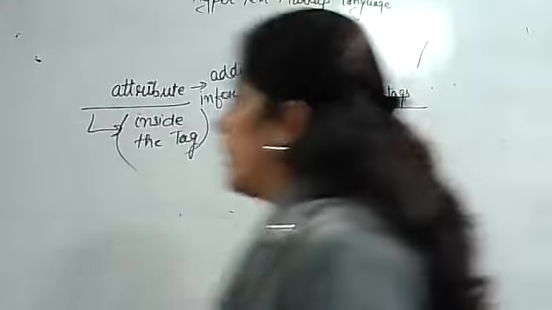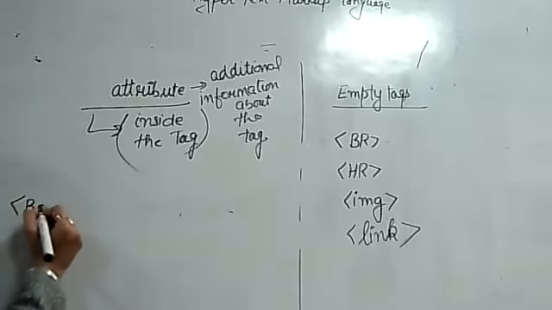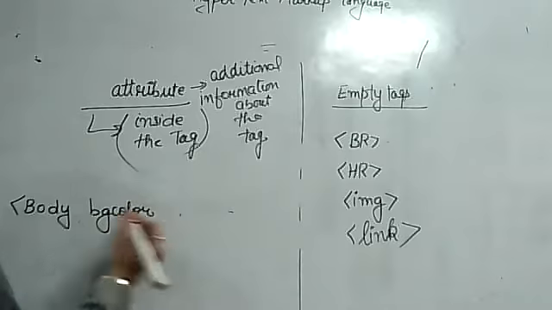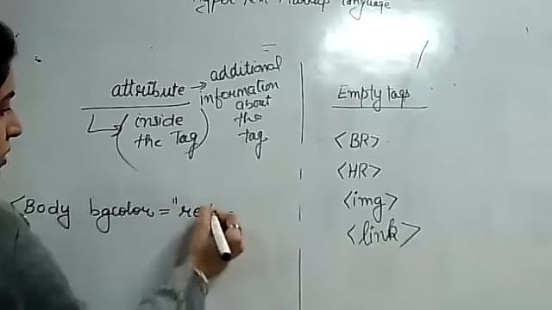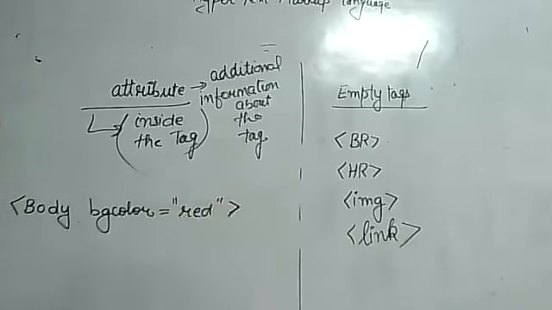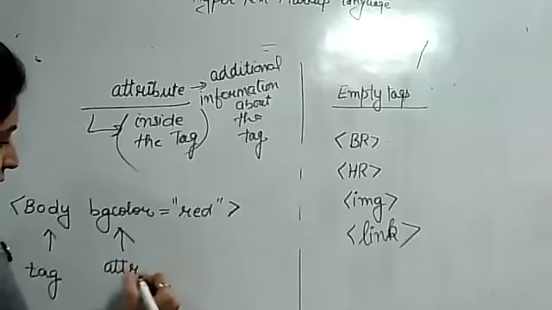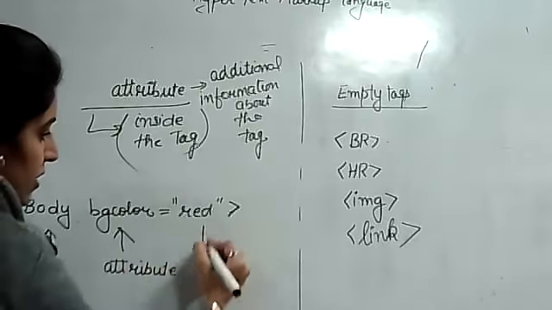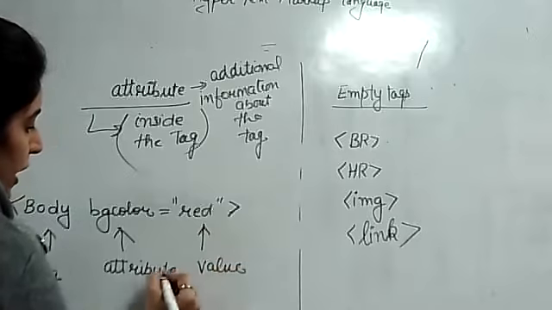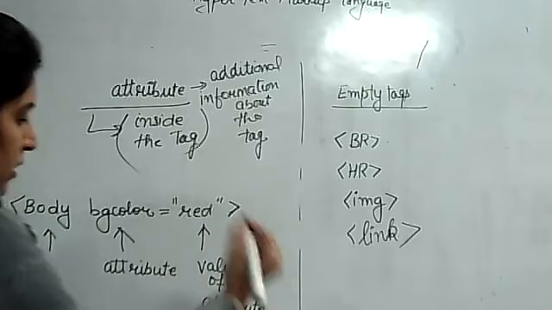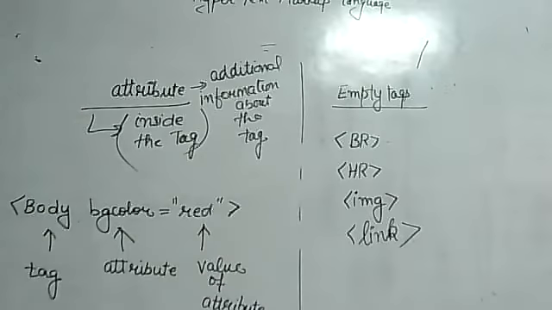Okay. For example, अगर मैं यहाँ पे एक सिंपल एग्जांपल ले रही हूँ, body bgcolor equal to red. Now in this case, body is a tag, bgcolor is the attribute, and this is the value of the attribute.